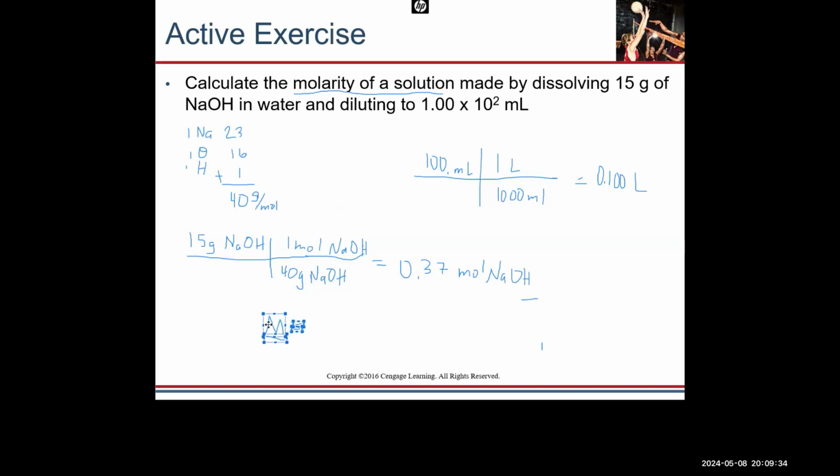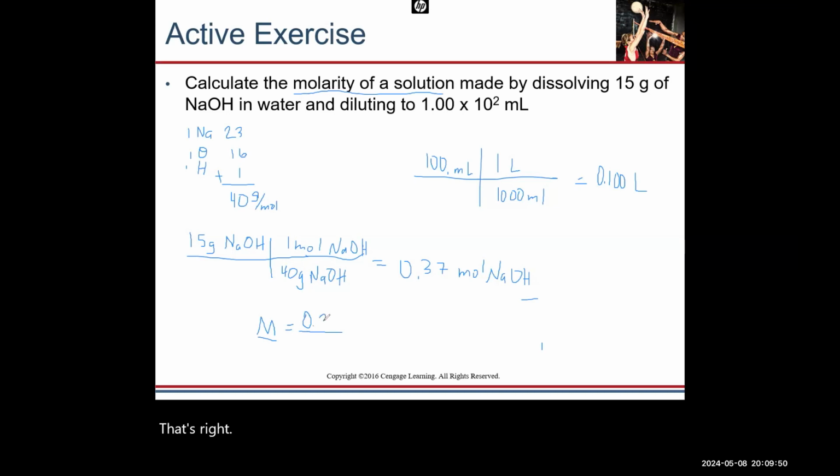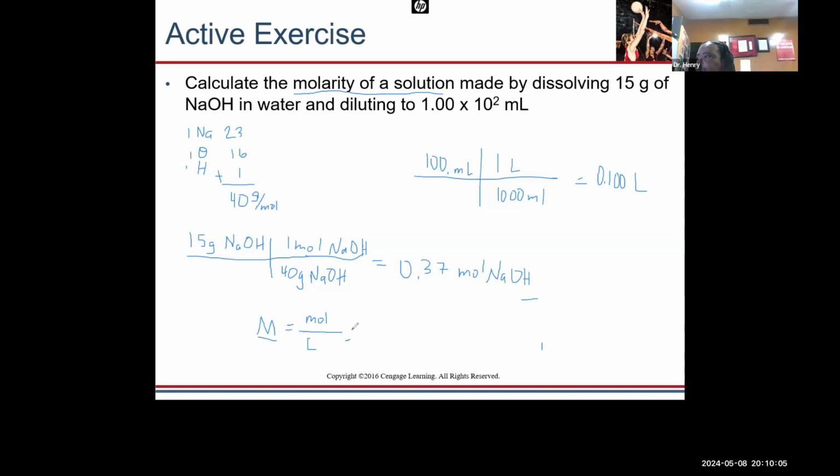So let me think. 1,000 milliliters is 1 liter. Now if I type it in the calculator, hopefully I can get the number I'm thinking of. It's 0.1 liters. Okay, that's right.